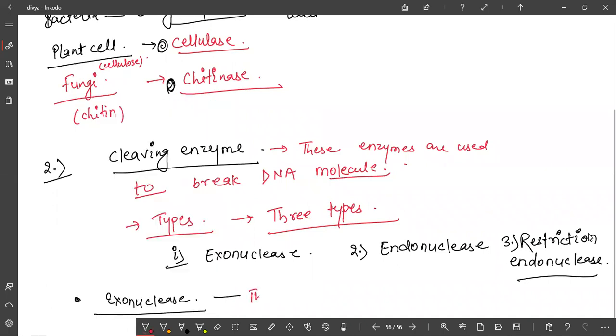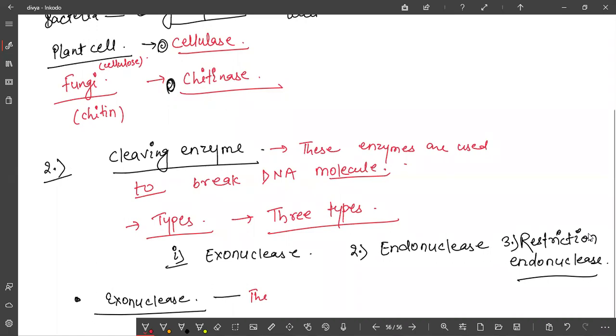Simply, DNA is a polymer of what? What is DNA made of? You have studied this in molecular basis of inheritance.